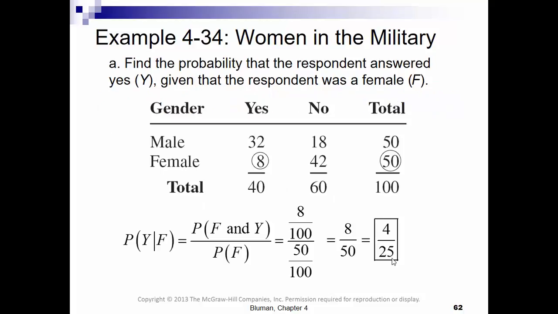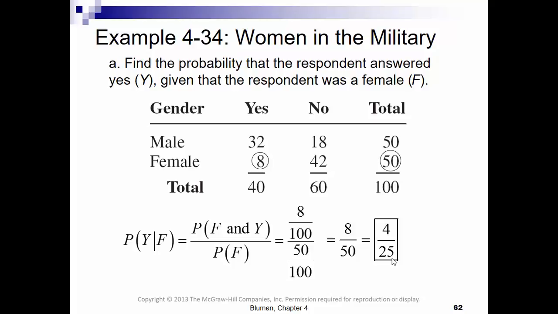Okay, women in the military. Find the probability that the respondent answered yes, given that the respondent was a female. All right, so 8 female respondents answered yes. So female and yes, excuse me, is 8 out of 100, okay?